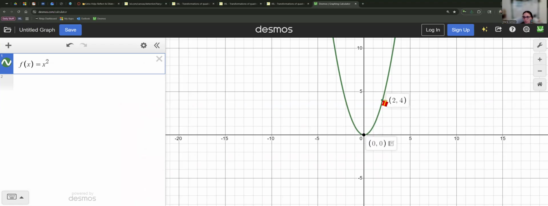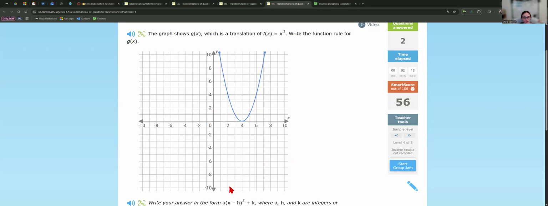We have 2, 4. So I'm going to draw a rough sketch on this graph of the parent function. We know the parent function is f of x equals x squared. That has the vertex at 0, 0. We have 1, 1, 2, 4 as a point. We also have negative 1, 1 and negative 2, 4. So here's the parent.